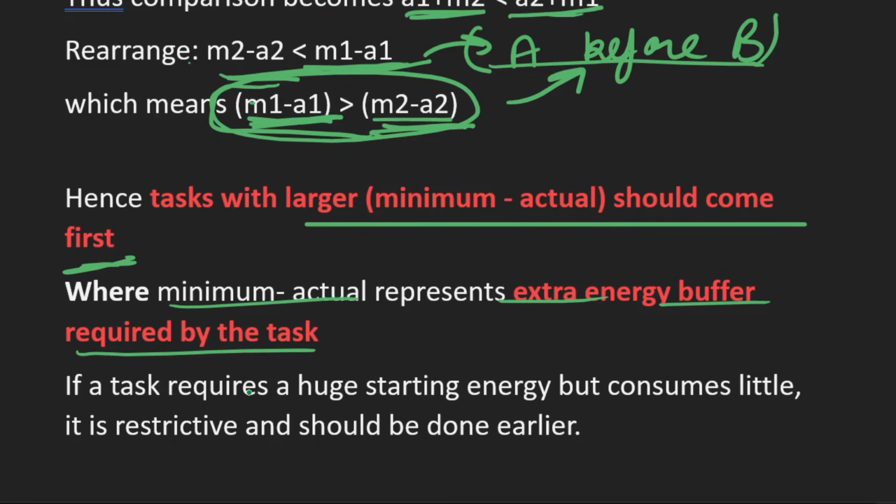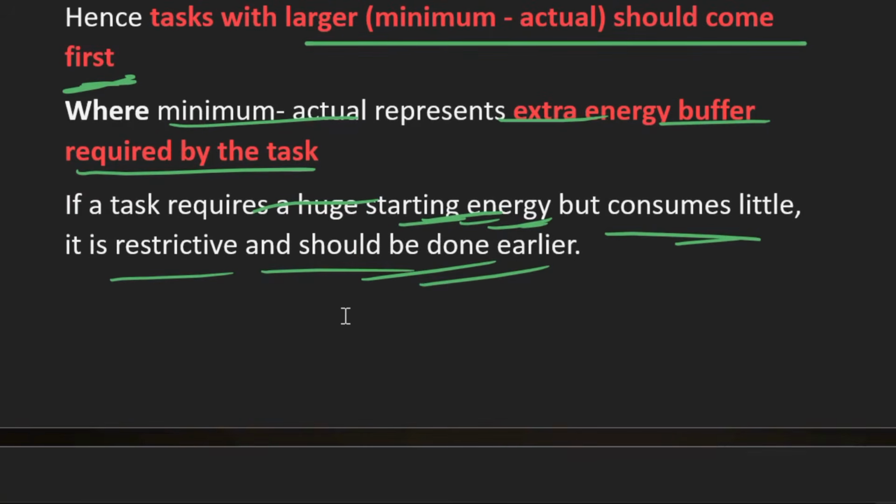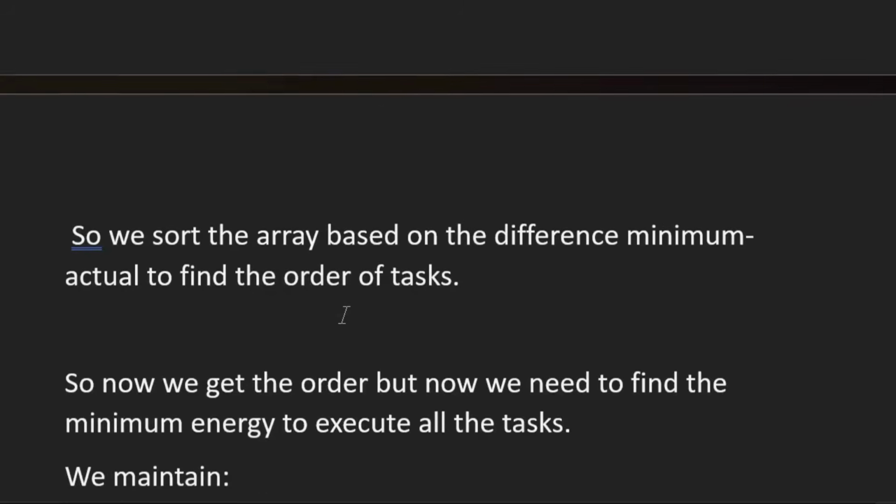So basically, if a task requires huge starting energy but consumes little energy, that means it is restrictive, that means we have to execute it first, right? So we get that those tasks that have a larger minimum minus actual difference should be executed first.